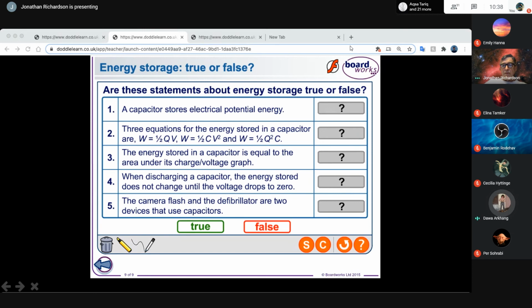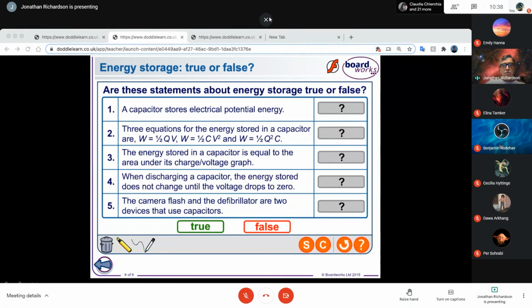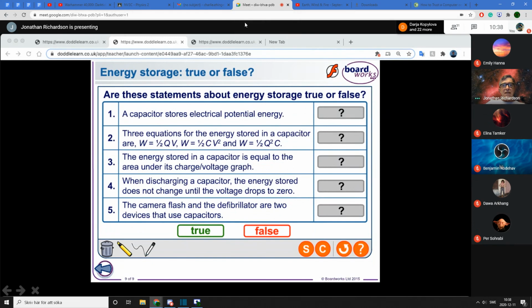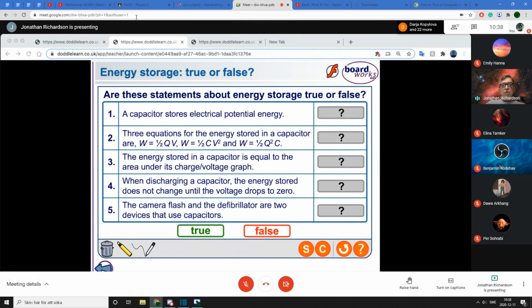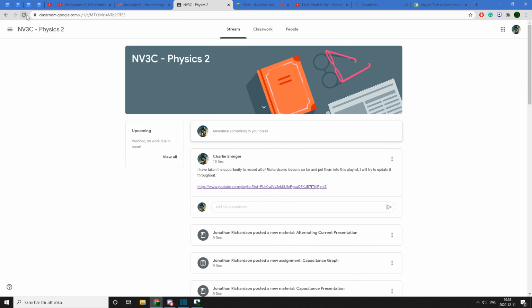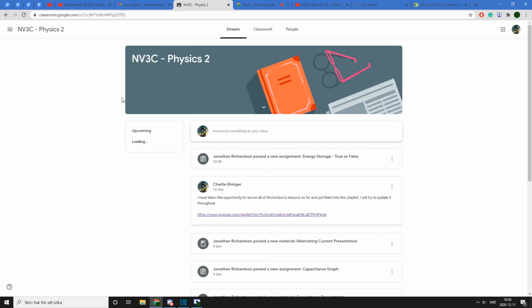Where do I put the answers? Yeah, I'm sorry, I'd listed it down, but I hadn't put it in, so I'm just putting it in there. Okay. It's assigned now, so there should be in the classroom, let's just go to capacitance, energy storage, true or false. If you can just go into there, put in your solutions.